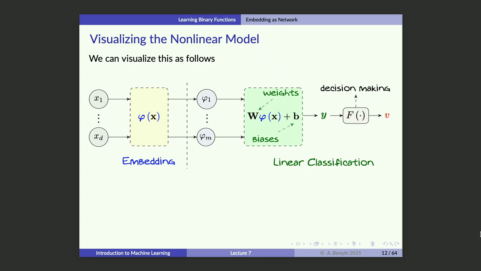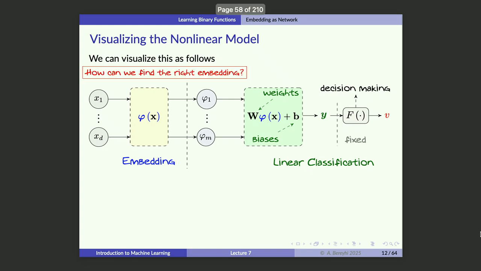The only thing that is looking like a black box right now for us is the embedding part. So essentially the question that we have is how we can find the right embedding here. Like I gave you that for my example, but you might come up with this question like, okay, if it's a general problem, how can I come up with one solution, one embedding?